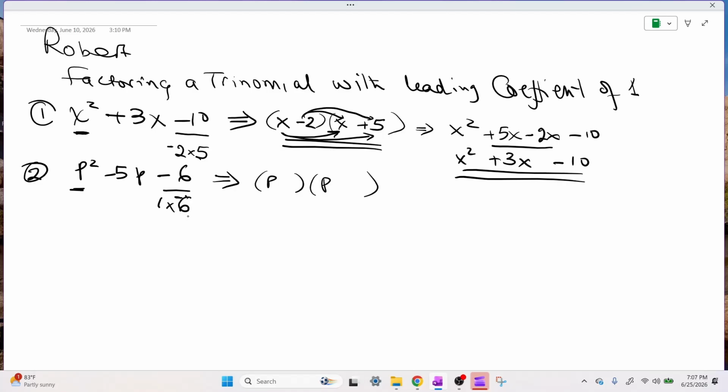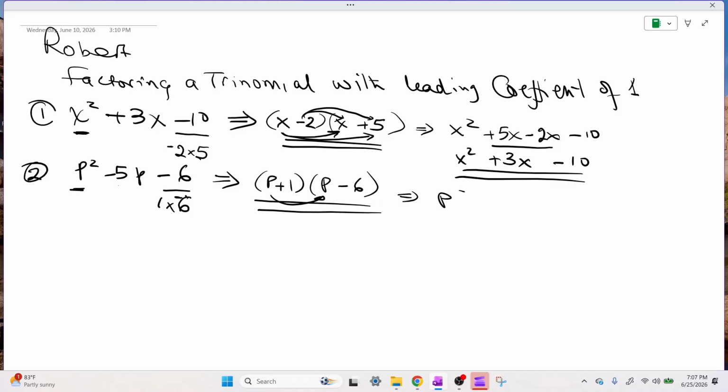So when you add 1 to minus 6, you get minus 5. So one of our elements here will be 1, and then the other one will be minus 6.